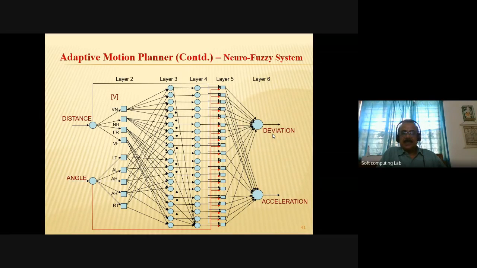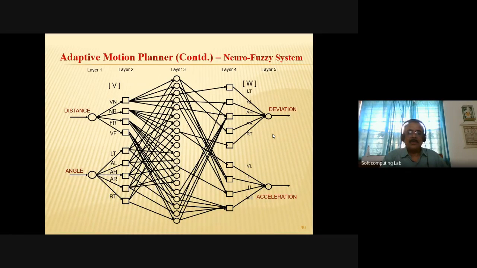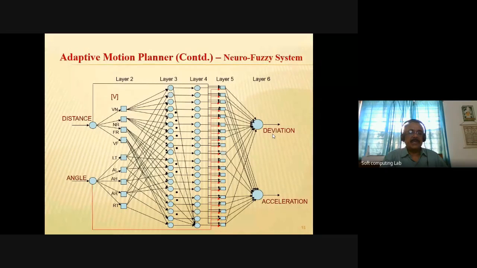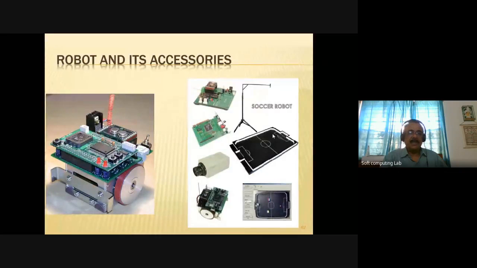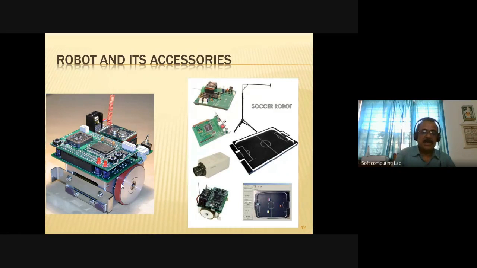That means the speed with which it should move after avoiding the collision to reach the goal in minimum time. So here also we consider two inputs, two outputs, and here also we consider two inputs and two outputs, and we could implement it on the real robot. So this is the two-wheeled one-caster robot. And we could successfully implement this particular algorithm on this particular robot and carried out a lot of experiments.